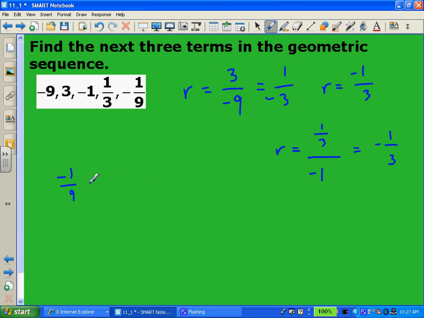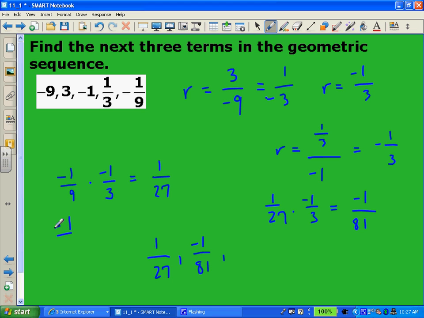Well, I got to take -1/9 times -1/3. That's going to give me 1/27. So that's one term. Then I got to do 1/27 times -1/3. It's going to give me -1/81. So that's my second term that I'm finding.